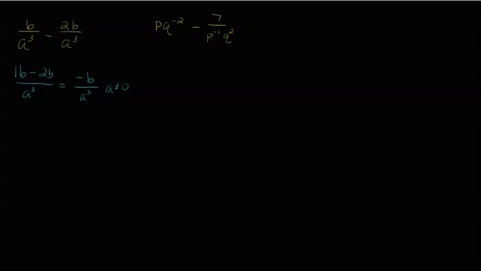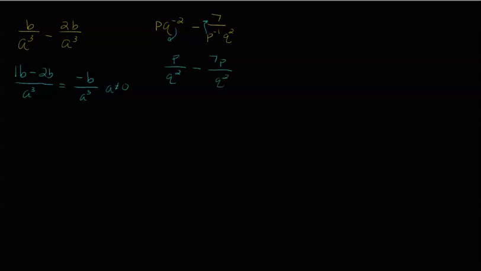Now this one's a little bit trickier because it looks like this is not a rational expression. It's just an expression, but with negative exponents. So remember what we do with negative exponents: send them to the bottom. So this is actually p over q squared, minus, now this is a negative exponent, so this goes up to the top. So 7p over q squared.